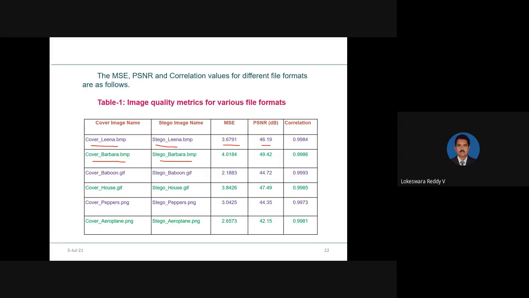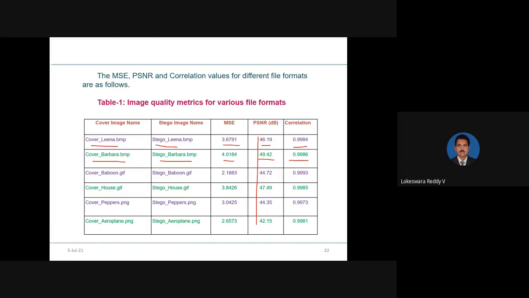After embedding, we get the stego image, and the MSE value is this one, and this is the PSNR, and we can also find the correlation value using MATLAB. For all these images, the PSNR value is greater than 40, which indicates that the image quality will not be degraded.